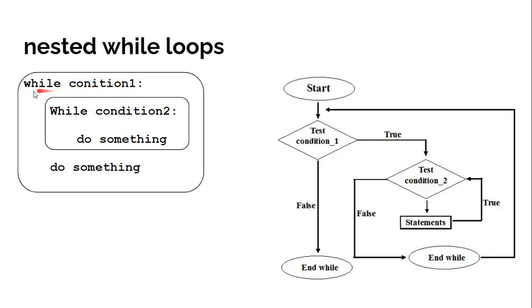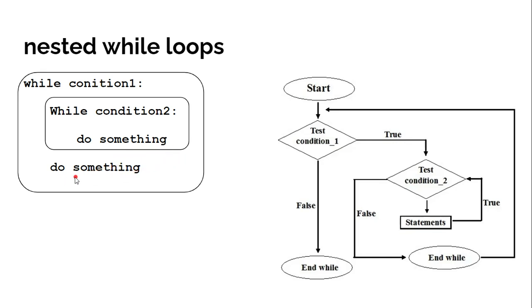If condition 1 is true, then we go to the inner loop and check the condition of this inner loop. If this condition is true, then we will perform the operation inside this inner while loop. If this condition is false, then we will exit from this while loop, and after it we will perform the operation after this inner loop.